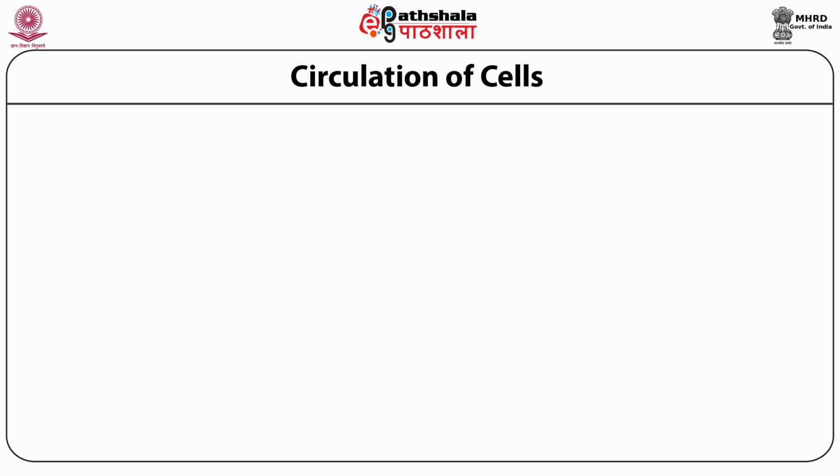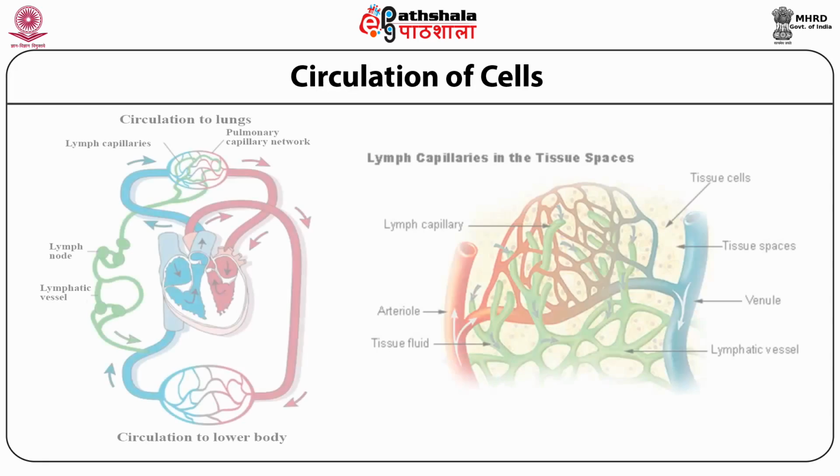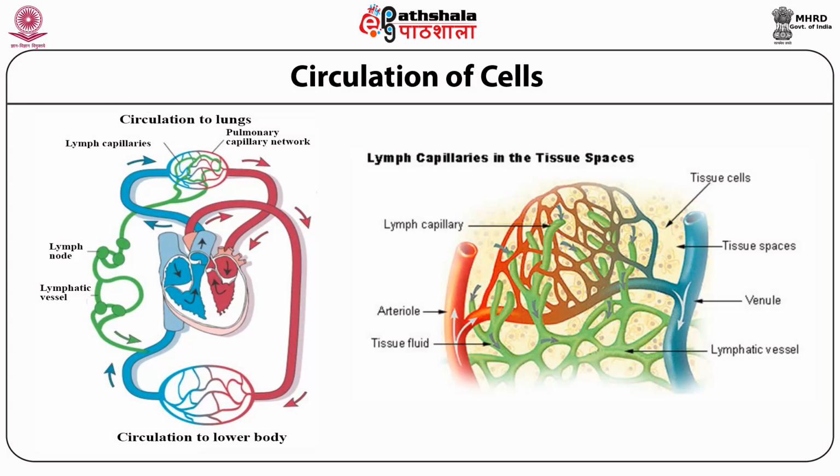This shows the circulation of various cells. The cells which are present in the blood, of course, and the antibody molecules which are present in the blood, circulate through tissues via the bloodstream. The lymphatic vessels return these cells and antibodies from the tissues to the bloodstream.